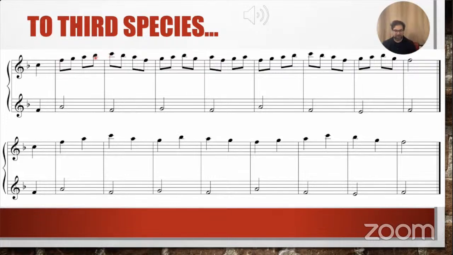Anytime that you have a skip or a leap in music, what does it do? It brings attention to whatever's happening on the other side of that skip or leap. So if I go like this, that's a leap. It emphasizes that C. Let me show you another example.